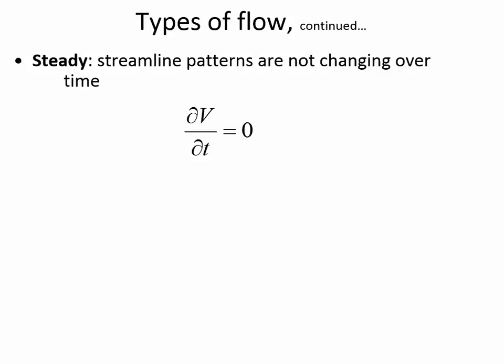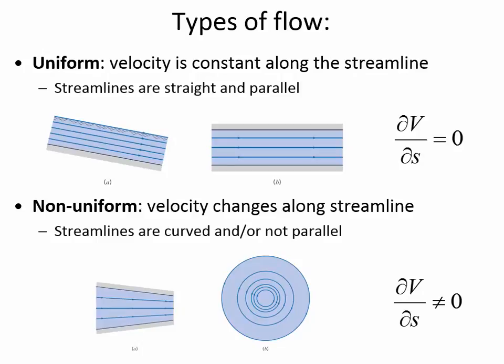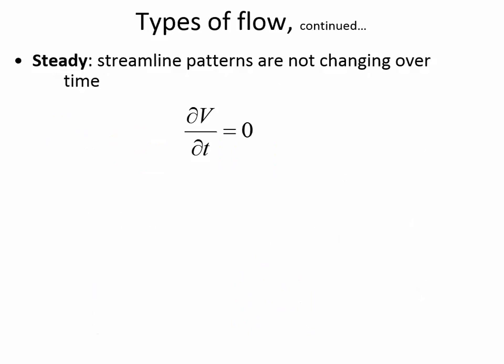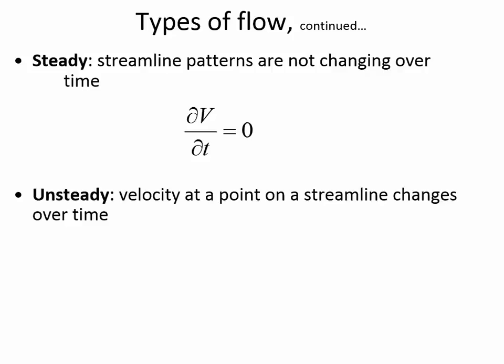Another way to classify flow is steady versus unsteady. So uniform versus non-uniform is about position. Is velocity changing with respect to position? Whereas steady versus unsteady isn't about position, it's about time. So it's how flow conditions are changing from one moment to the next.